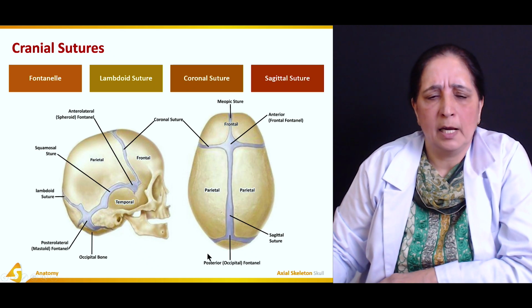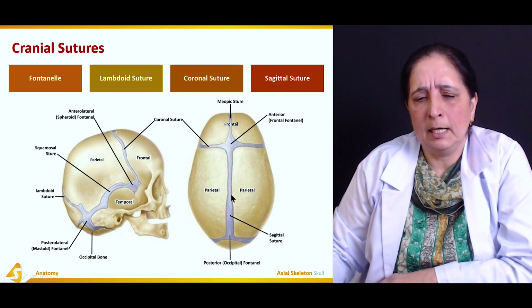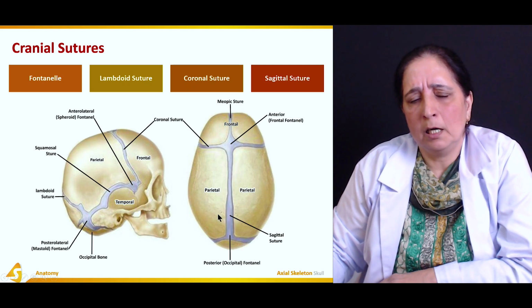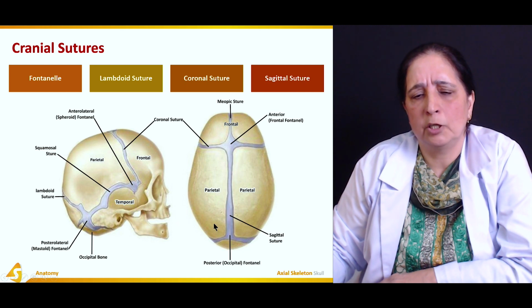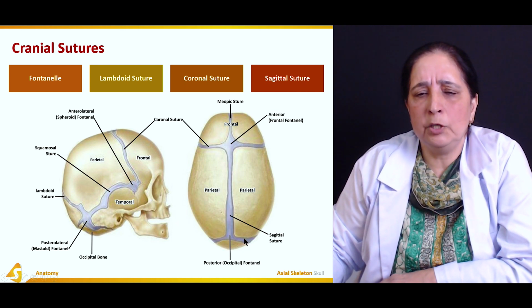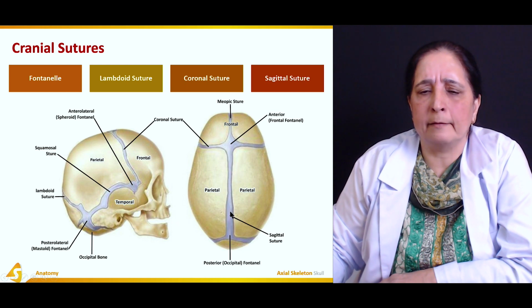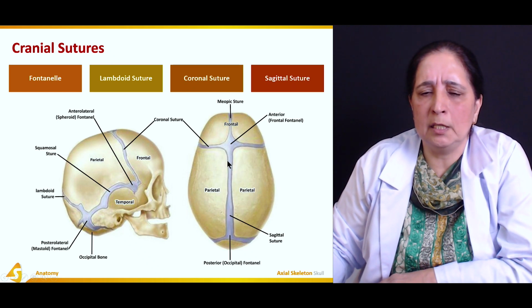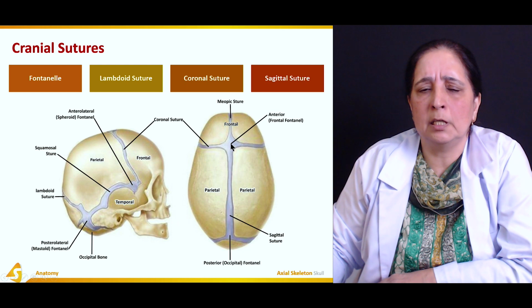The lambdoid suture is between the occipital and the parietal bones of the cranium. Here, this is your lambdoid suture. Between the 2 parietal bones, we have the sagittal suture. These are 2 parietal bones, and in between these bones we have the sagittal suture.